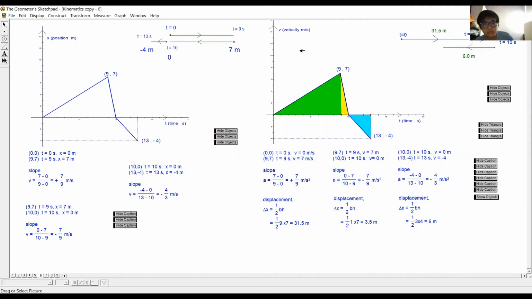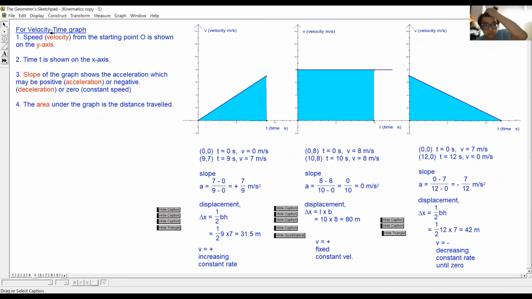So in our last lesson, we were looking at this velocity time graph. I've told you that velocity time graphs have three different shapes. The first shape is going up, the second is horizontal, and the third is coming down.